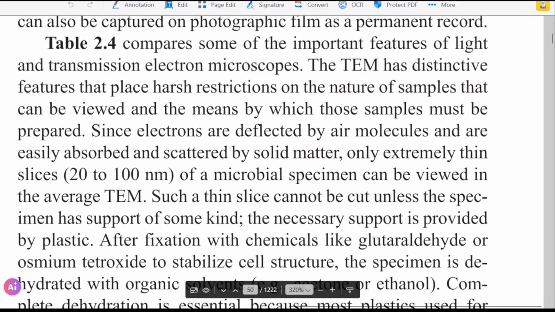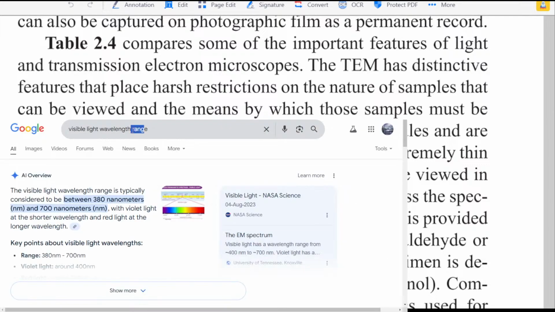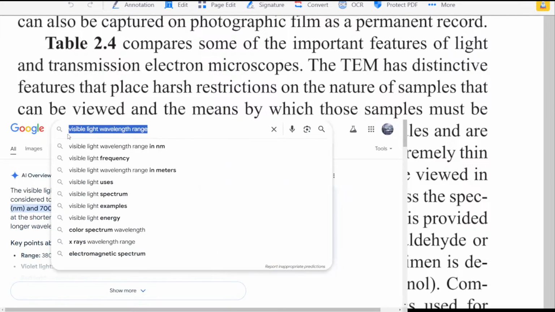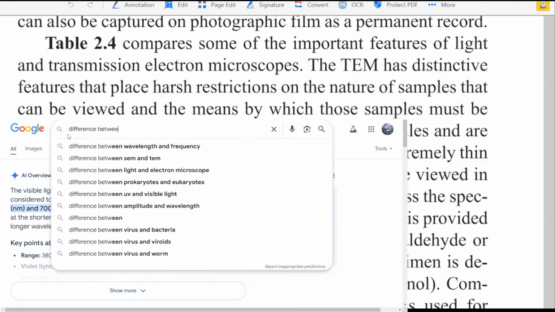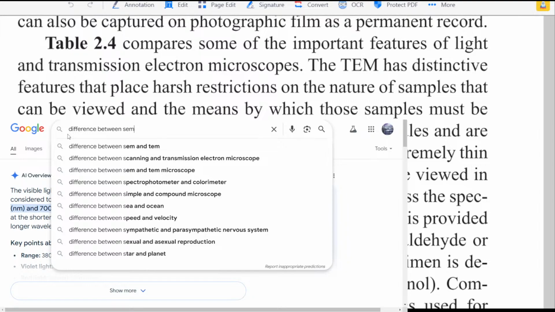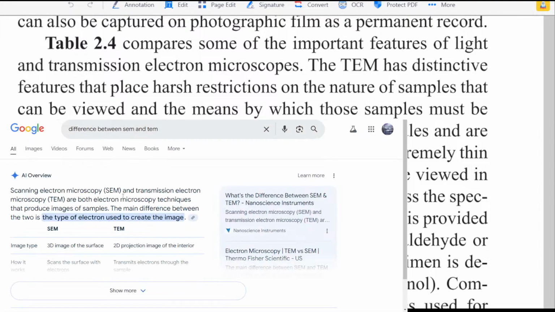Guys, wait, I'm still confused about the difference between SEM and TEM. I completely forgot which one was for the 3D image of the surface.